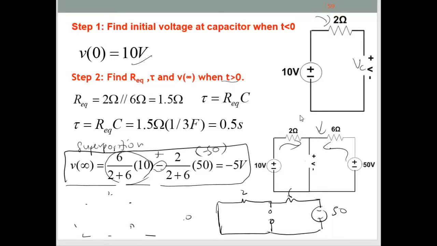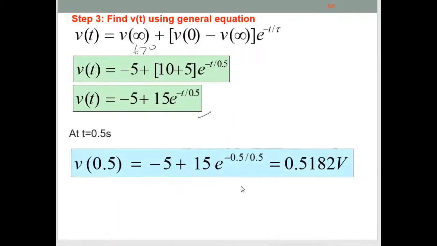Different current flow means the resistors are in parallel. The same current flow means series connection, but different current flow means parallel connection. Okay, and that's all for example 8.